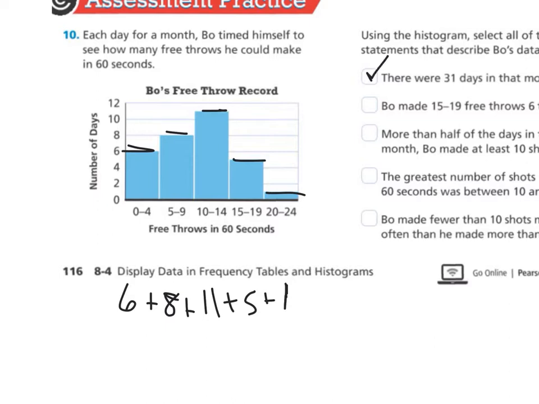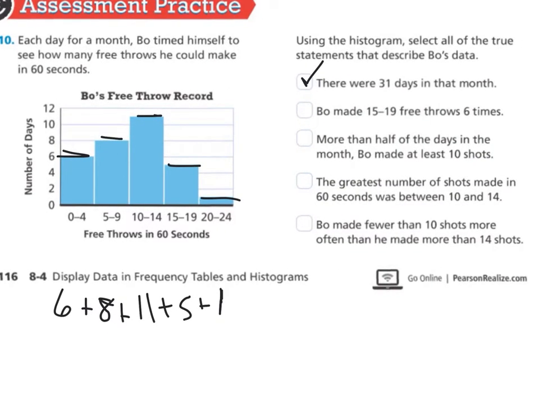The second one, Bo made 15 to 19 free throws 6 times. If you look at that, that's actually in between 4 and 6. That'd be 5 times, not 6 times there. So that does not work. More than half the days, Bo made at least 10 shots. Well, at least 10 shots, that's going to be these last 3 groups here.